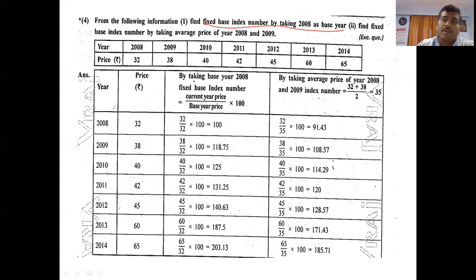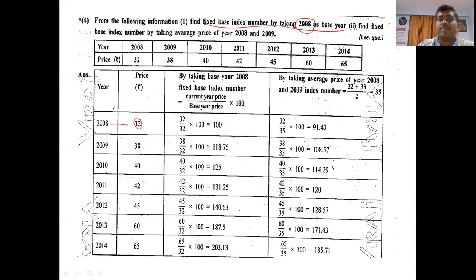So what is the formula? Fixed base index number is equal to value of variable in current year upon value of variable in base year into 100. Now in this question, we have to take 2008 value as the base year. So you can see 2008 base year value comes to how much? 32.